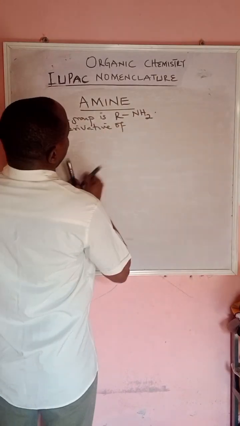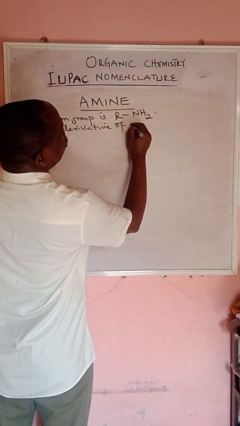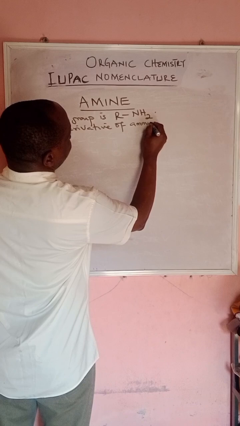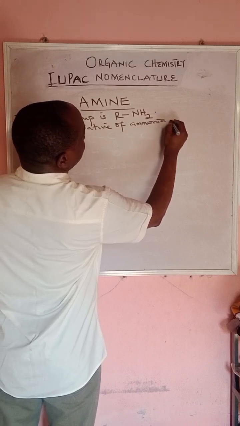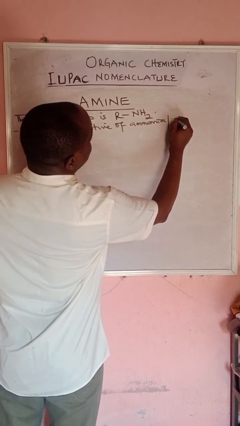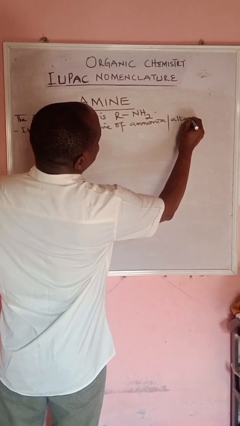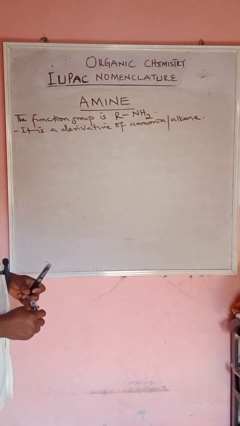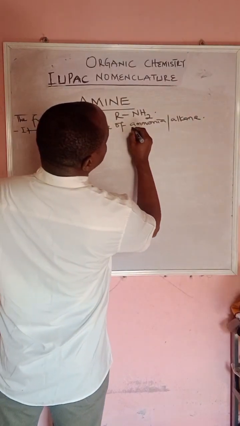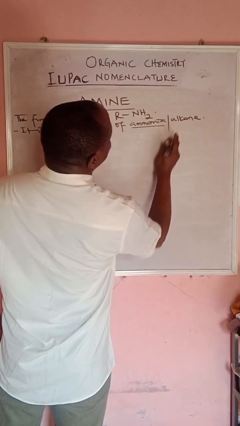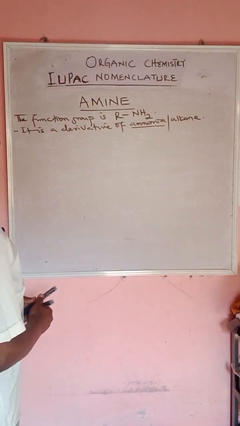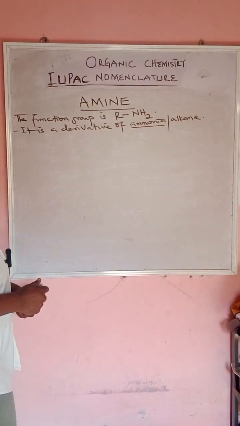It's a derivative of ammonia and a derivative of alkane. The past question: which of the following is a derivative of ammonia? So the answer is amine. So let's see example 1.